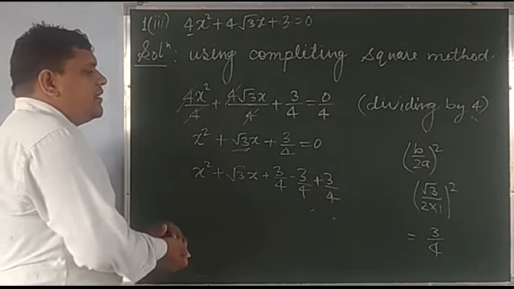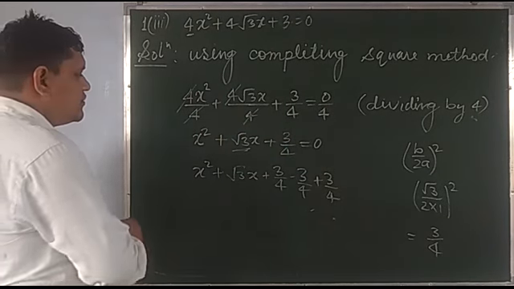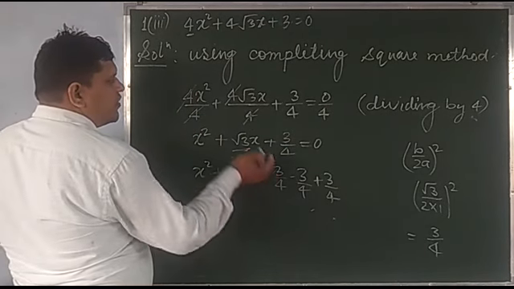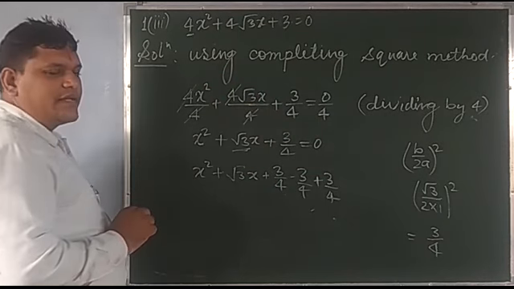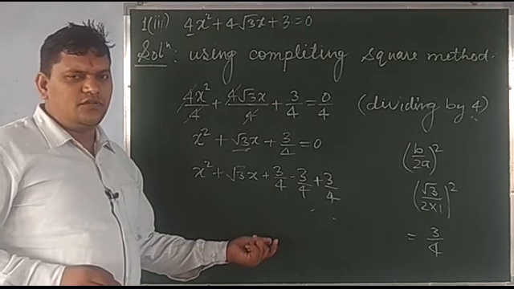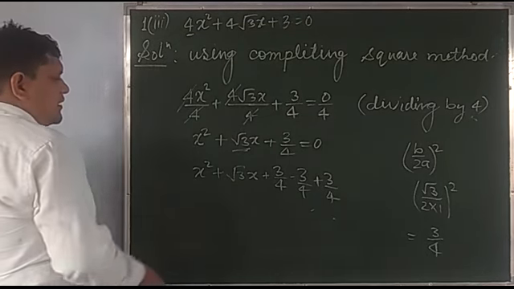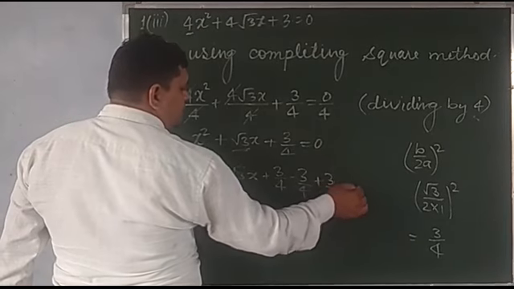Or you can find this directly. Because we have to use the completing square method, that's why I have done this. If you want, you can also not write this.